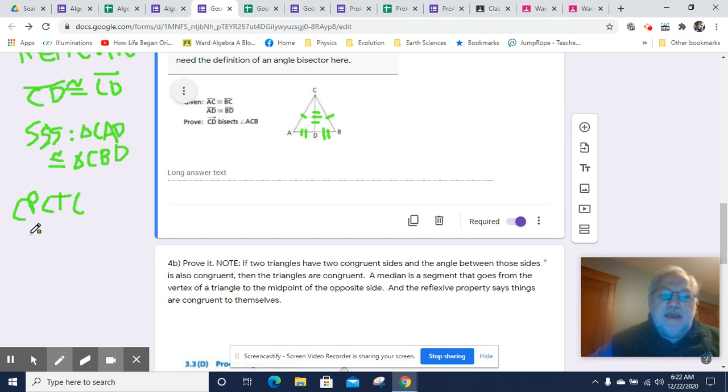We'll demonstrate that angle ACD is congruent to angle BCD.